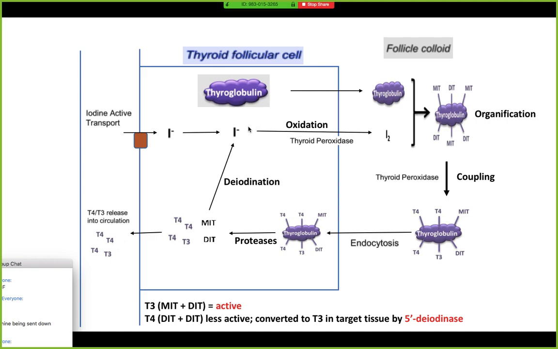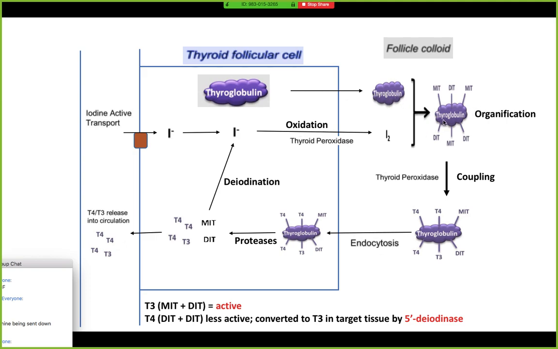So you have iodide that's transported into the follicular cell, and it undergoes an oxidation reaction by the enzyme thyroid peroxidase, and then it's going to form iodine. At the same time, thyroglobulin is going to move into the colloid.